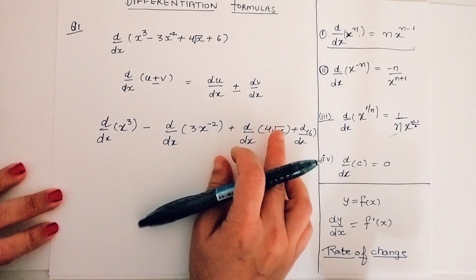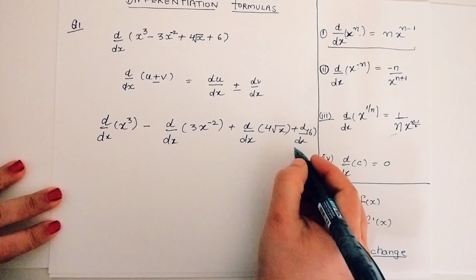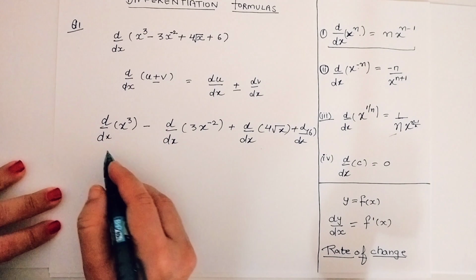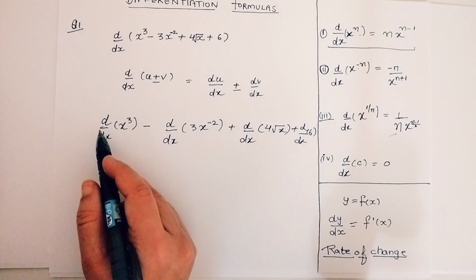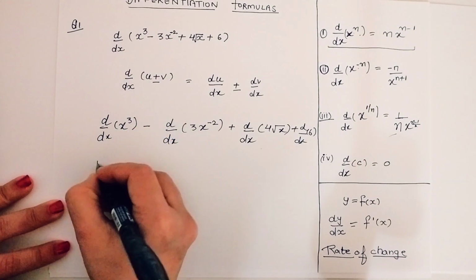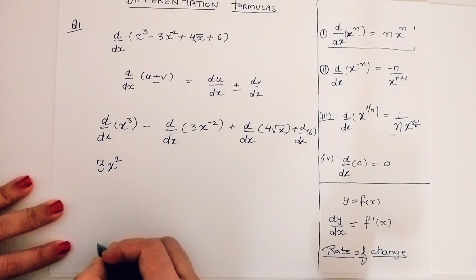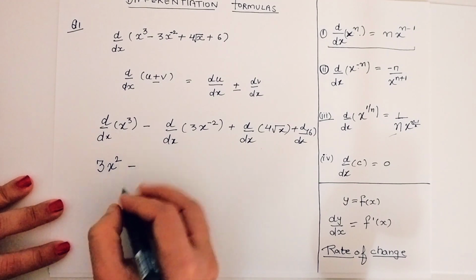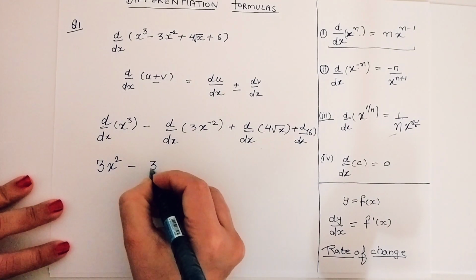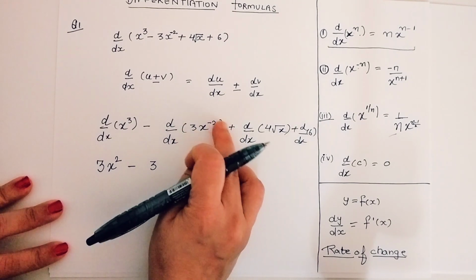Differentiation of any constant is always 0, so the differentiation of this will be 0. First of all we start with this. d by dx of x raised to power 3 is n x raised to power n minus 1, that is 3x squared. Minus 3, we write 3 as it is. And we will differentiate this part.